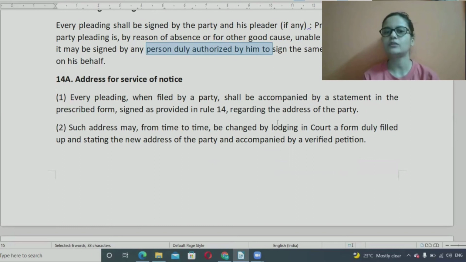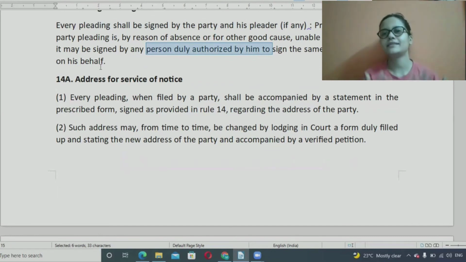So we need to mention that this is my registered address. It has to be signed either by the party and the pleader, or by the party only, or by some legal representative, stating that this is my registered address where notices may be sent by the court.